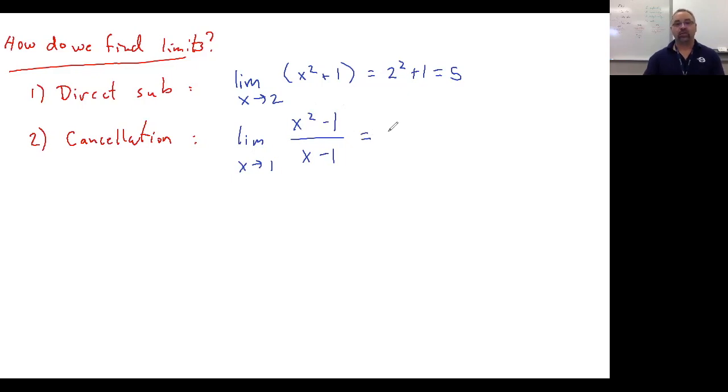But I took some algebra classes back in the day and I remember that the numerator is factorable. Sure enough, you cancel the discontinuity out, and now you just direct substitute: the limit as x approaches 1 of x plus 1 is 1 plus 1 equals 2.